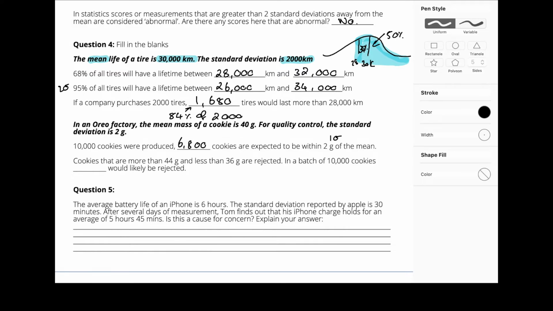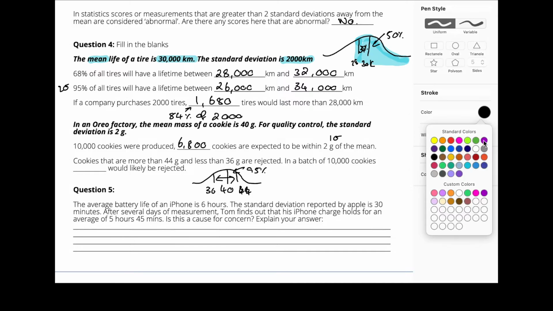The next one, cookies that are more than 44 grams and less than 36 grams are rejected. In a batch of 10,000 cookies, blank would likely be rejected. So we're talking about now 2 standard deviations away on either side of the mean. So a little sketch here to help us. Here's our mean of 40, and either side of that 2 standard deviations away is 44, the higher end, and 36 down here, and we know between there and there is going to be 95%.